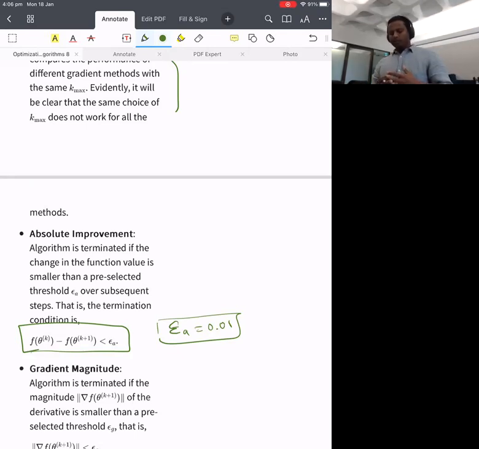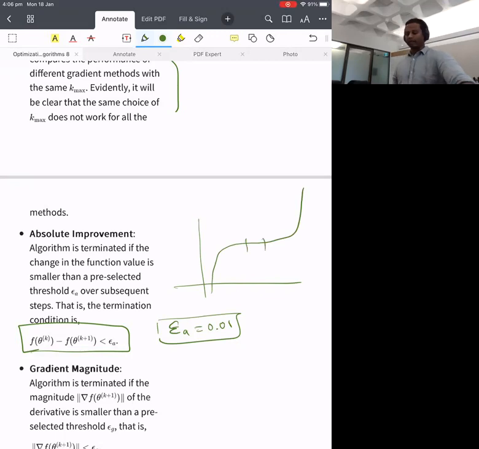Sometimes what people do is take consecutive iterations, say the last 10 iterations. If over those 10 iterations the difference in the function value is not very significant, then you stop. That is just a step more complicated than this. One has to be very careful with this kind of setup, because you might get stuck at saddle points.